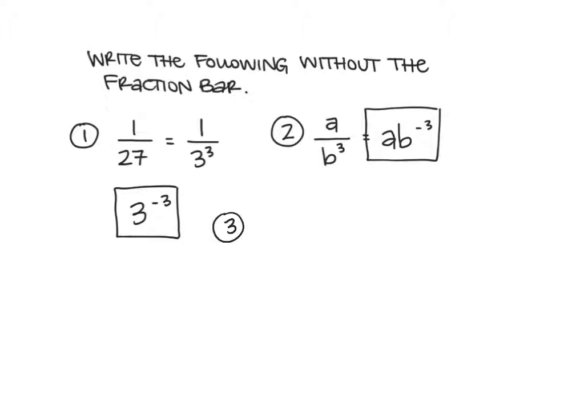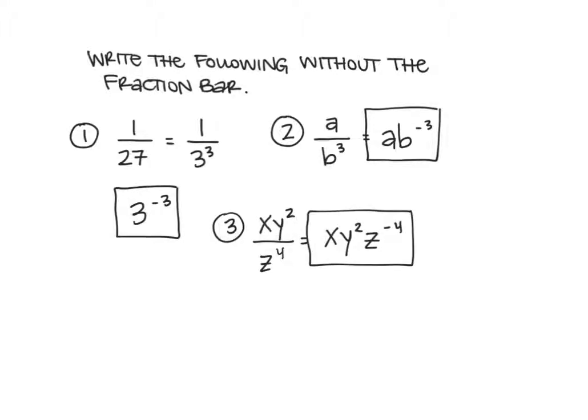Let me give you one more example. So if we had x y squared over z to the 4th power, and we want to get rid of that fraction bar, we can write this as xy squared, and we can bring that z up, but it would then have a negative exponent. So it would be xy squared z to the negative 4th power.